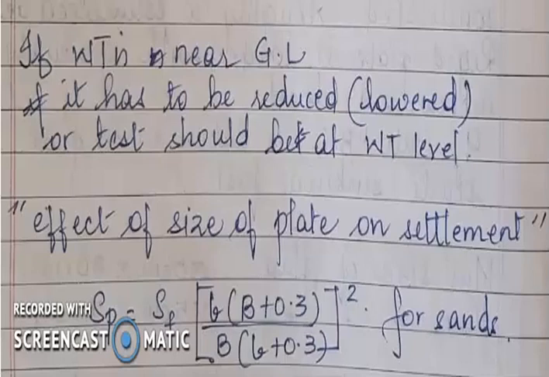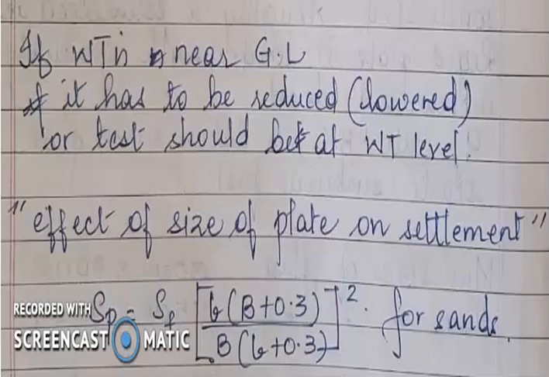The test has to be performed, so you have to pump it out, drain it out, or whatever, and bring it down to just below the level of foundation. Then you are supposed to carry out the plate load test.